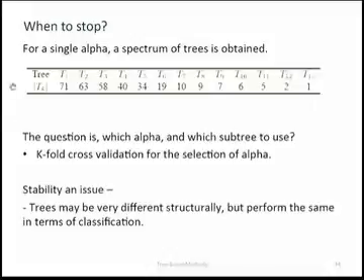That's the progression. So the question is, how stiff do you make the penalty, and what subtree do you use? How do you tune the model? It's not going to take much to think about this. We're going to talk about it in the context of k-fold cross-validation, which we've covered.